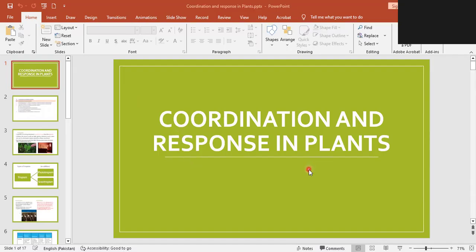In the previous lessons, we have discussed the mechanism of coordination and response, or coordination and control, with respect to animals and humans. We discussed how an animal or a human responds towards stimuli, and this characteristic is known as sensitivity, because we sense something which has changed and we have an ability to respond towards it.